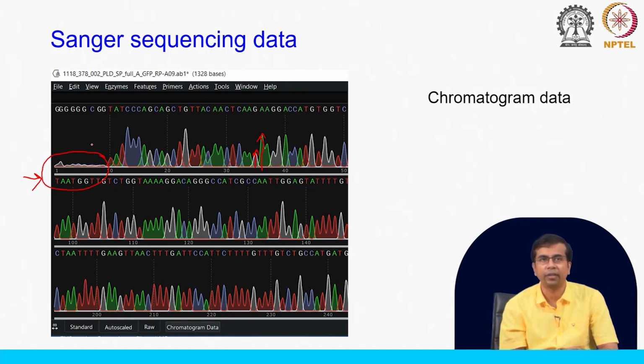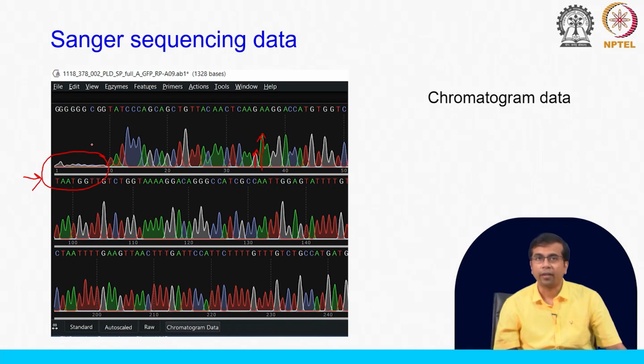For the first 10, 12 bases, these peaks are not there. Although bases are called, you can probably guess that these bases will have a low quality score, because the signal intensity is lower and the quality score reflects the signal to noise ratio.